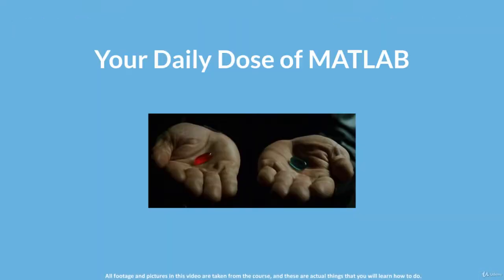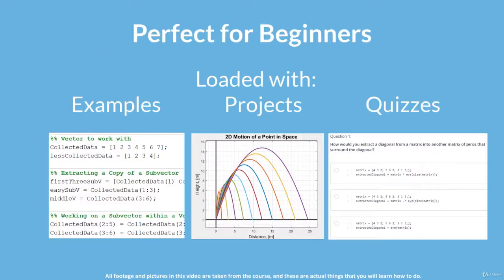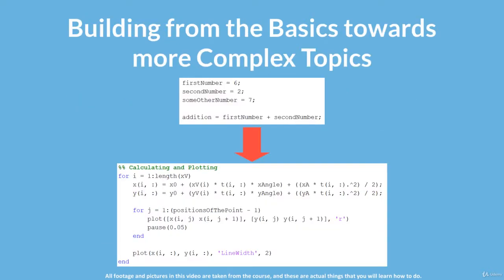Now, what does your daily dose of matrix pills contain? This course is oriented at the absolute beginner, so it starts slowly with the ABC of MATLAB. Even if you already have some experience with MATLAB, I am certain that you will learn new things in the beginners sections. As the course progresses, we're moving towards more and more complex topics.